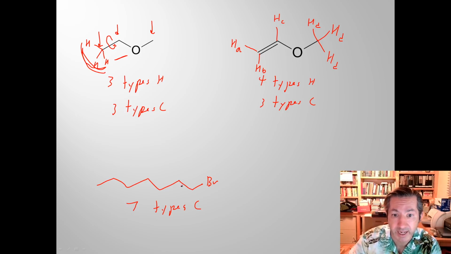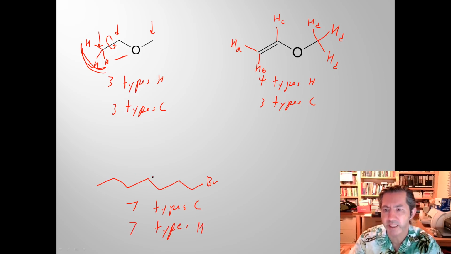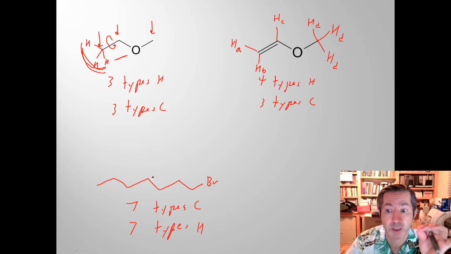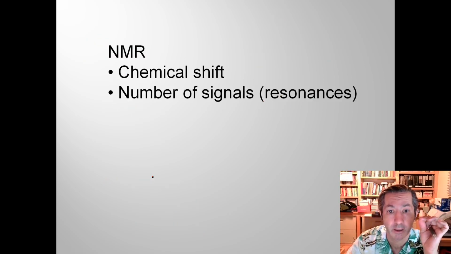And when you look at types of hydrogens, 1, 2, 3, 4, 5, 6, 7 types of hydrogen technically. Now in practice, sometimes when those hydrogens are real similar to each other, they'll kind of squish together on the spectrum. And the 60 megahertz won't be able to separate them out, but maybe that 1 gigahertz spectrometer will be able to do that. But what we were looking at is the number of types of hydrogen here.